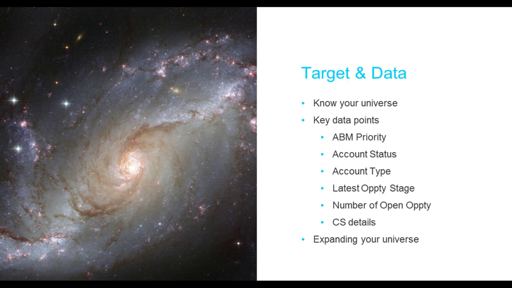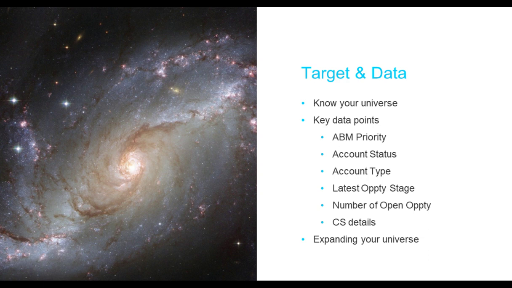For example, in Salesforce, we have a field called ABM priority, and we prioritize our accounts. Instead of top, mid and low, we prioritize by A, B, C, D's, and E's. And obviously, our top targets are all of the A accounts, and then it trickles down from there.